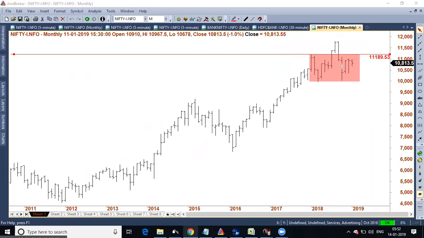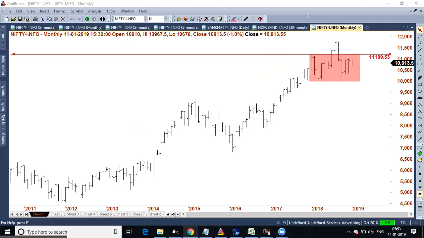Until then, the sideways auction could continue, and possibly we could see some sort of resistance around 11,000 to 11,100 levels on the upper side. That is the range which is established on the upper end. Anything above that, we could see some fresh trend emerging from a long-term perspective. So 11,200 is a critical level to be watched out for.